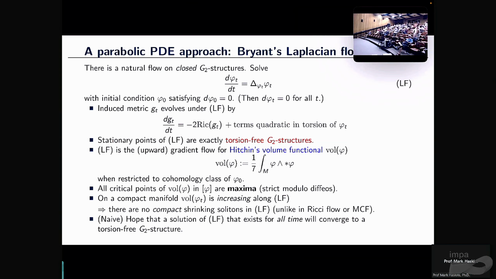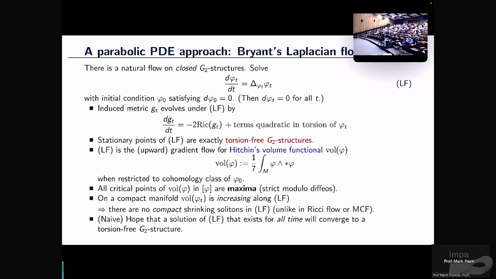So, one immediate consequence that's different from Ricci flow is that, on a compact manifold, the volume is increasing along Laplacian flow.